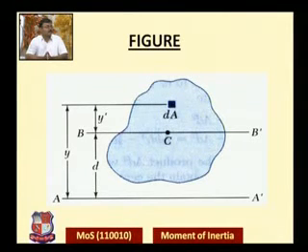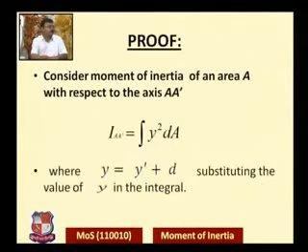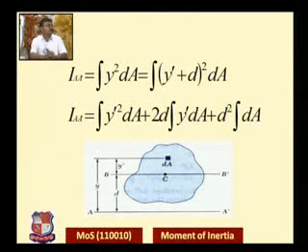So we will substitute the value of y as y' plus d into the equation. See here, I_AA' is integration y square dA, which is equal to integration (y' plus d) whole square dA.